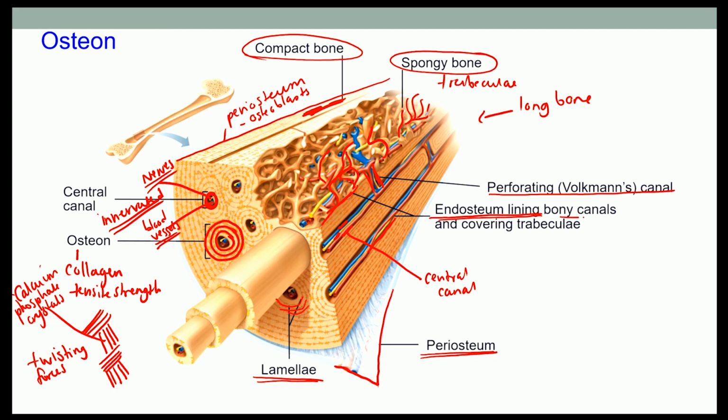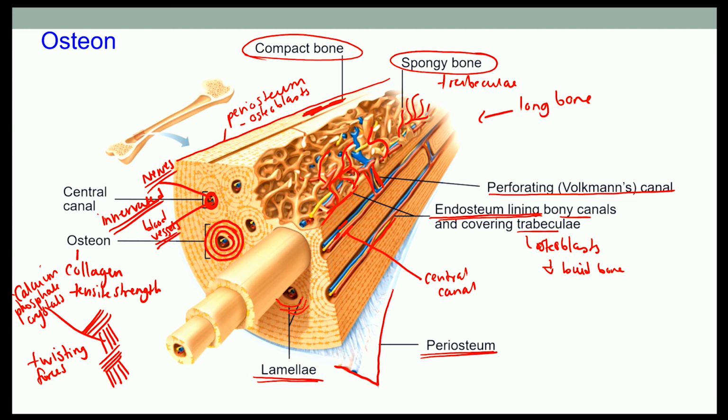So that's lining the canals as well as covering the trabeculae, and they also contain those osteoblasts and bone lining cells, and so they're going to help build and maintain the bone matrix, the bone.